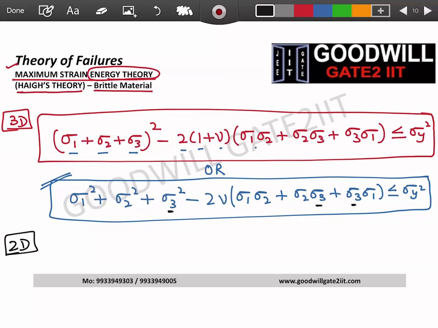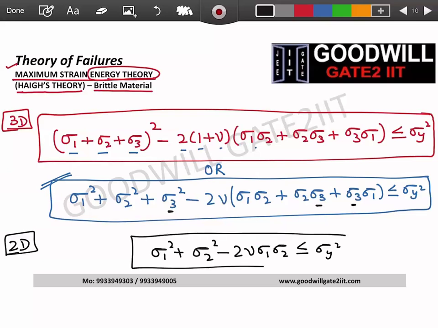So you end up with this expression: sigma 1 square plus sigma 2 square minus 2 nu sigma 1 sigma 2 less than or equal to sigma y square. This is the more relevant form, or a question can be asked. They have never done that. If it is not done in mechanical, it will 100% not come. It will not come in aerospace also.